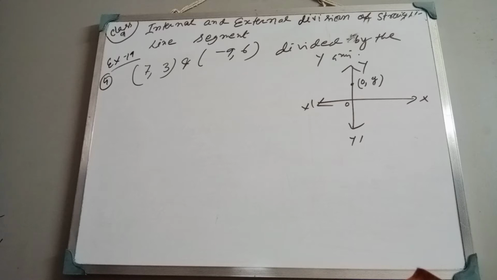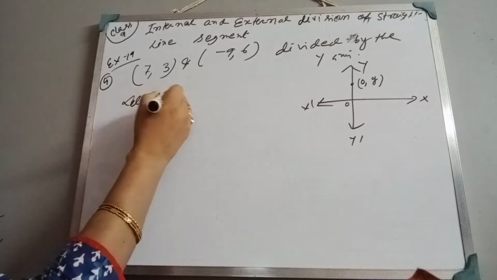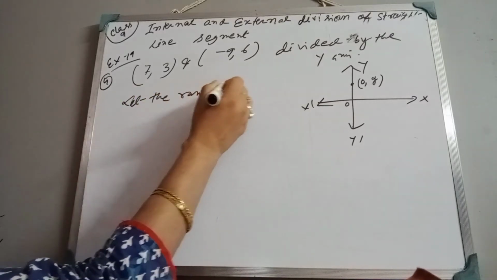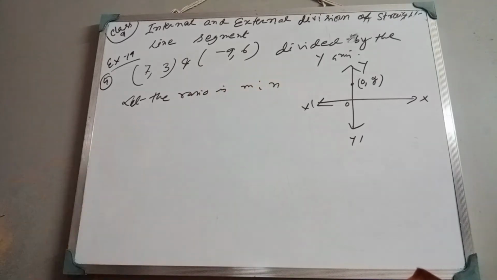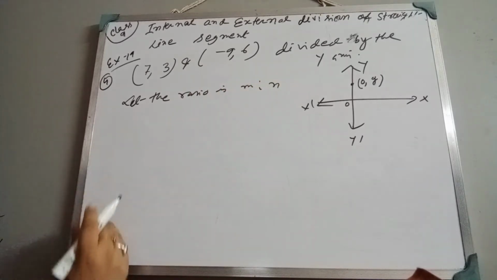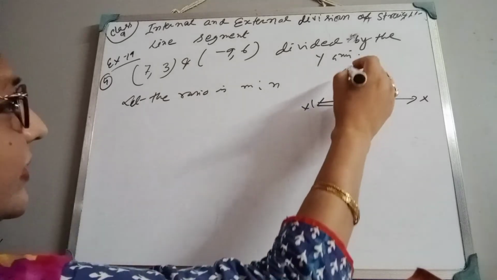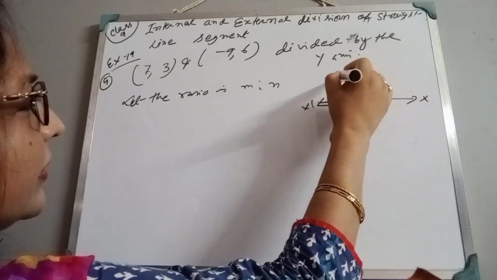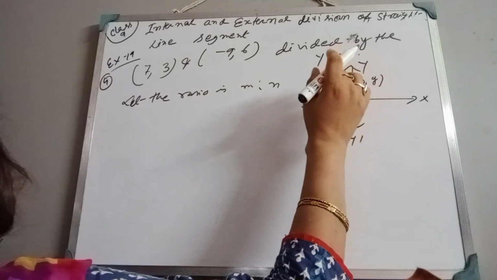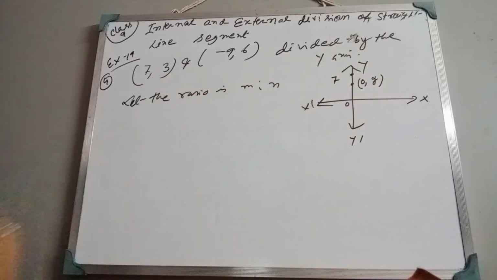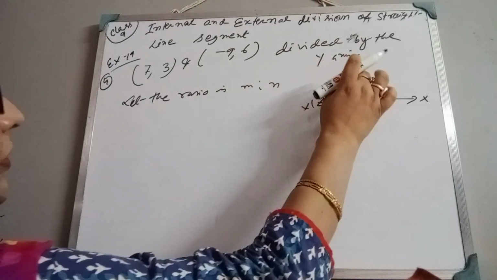Let the ratio be m is to n. What are the points? One point is 7, 3.